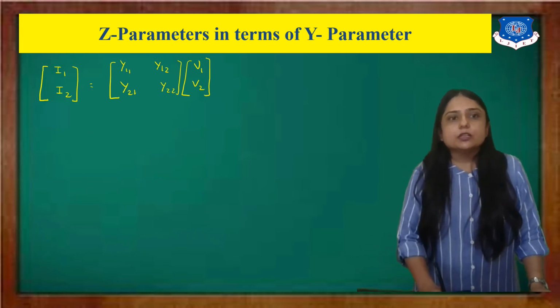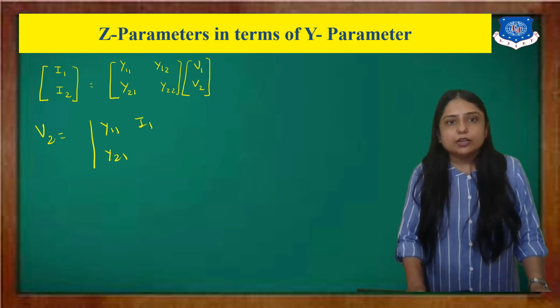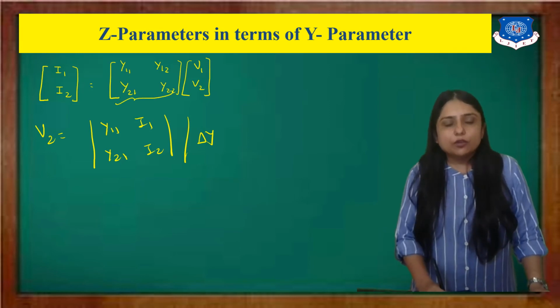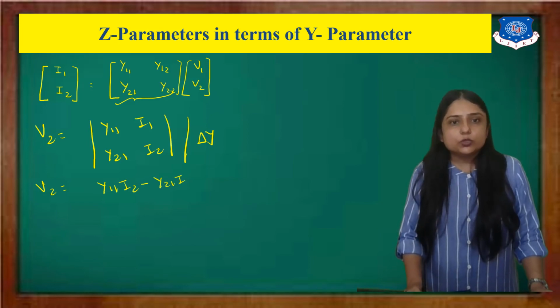So for V2, the second column I have to replace with I1 and I2, and the denominator is delta Y. Now V2 equal to Y11 into I2 minus Y21 into I1 upon delta Y.